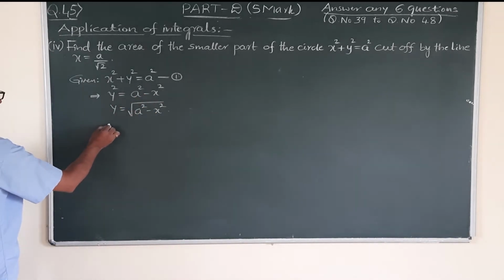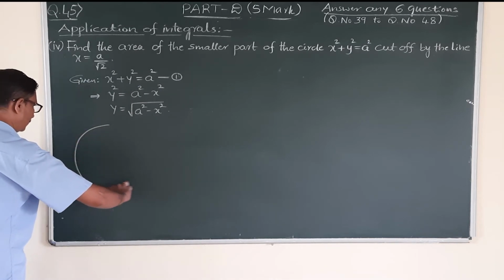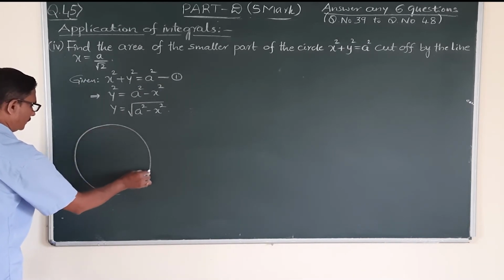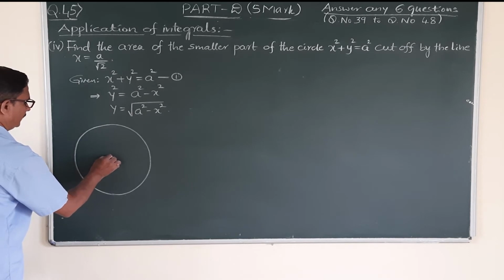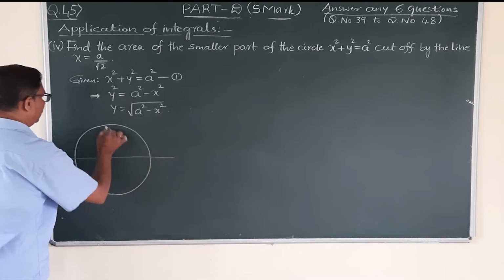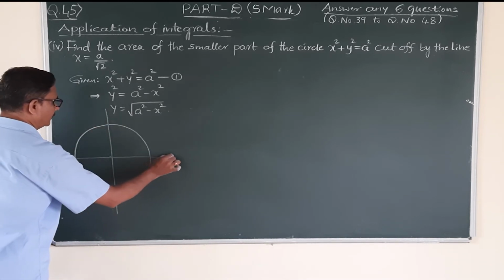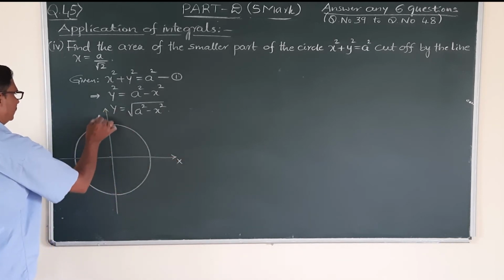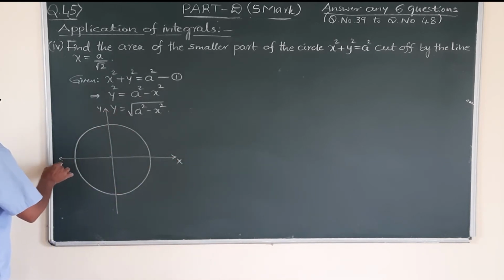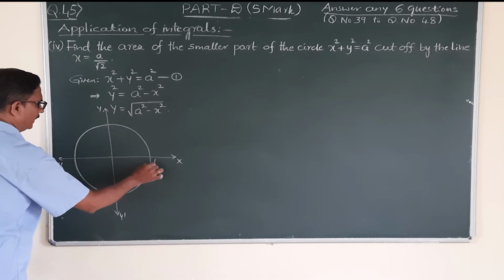Now this is a circle with center at origin. Let the circle cut the x and y axis at a dash and b dash.